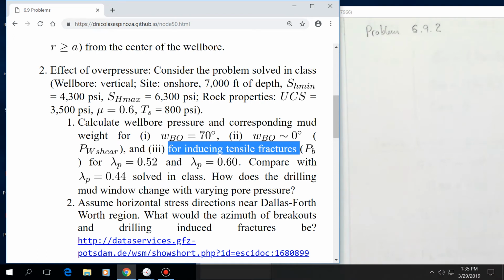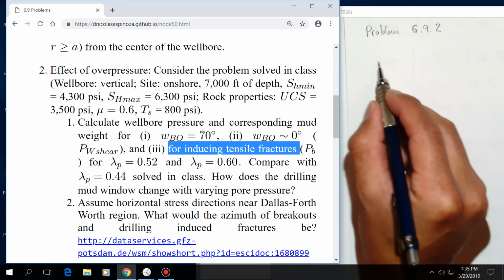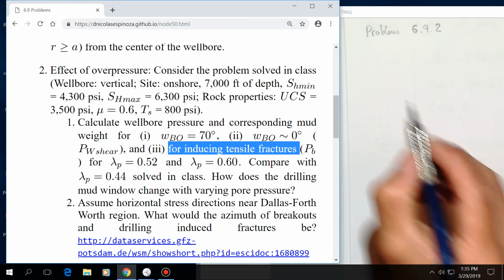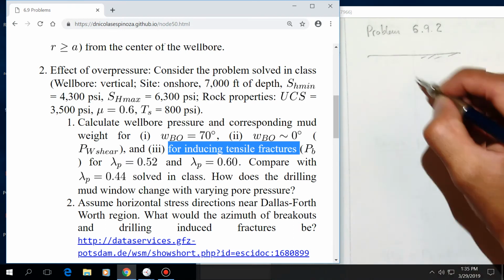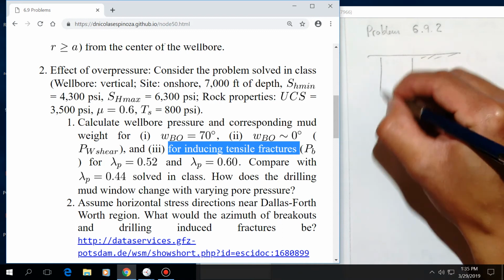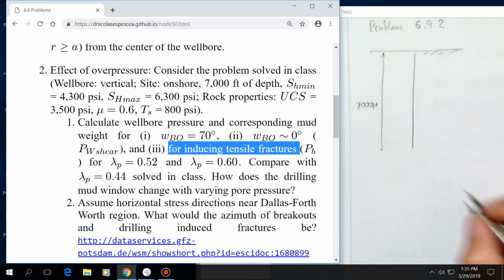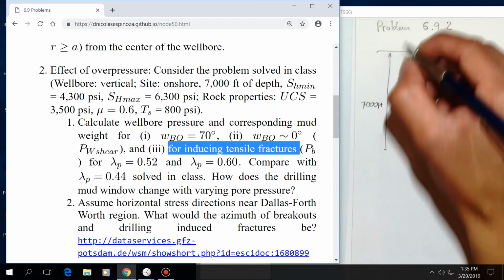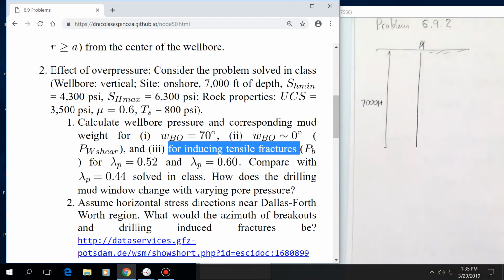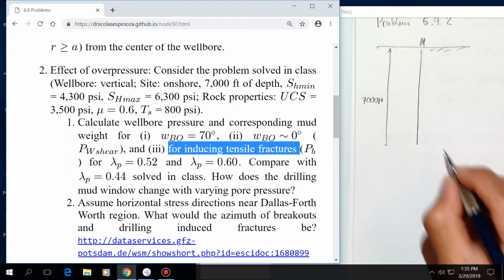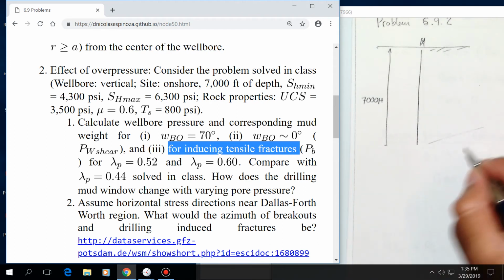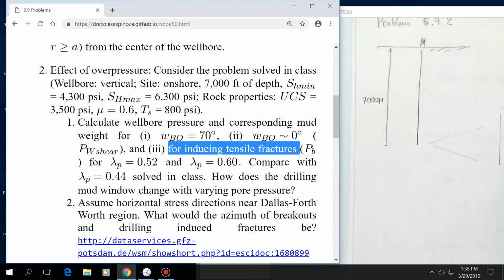All right, so let me see. This is a place onshore, right? 7,000 feet of depth, and this is a vertical wellbore, okay? And in this vertical wellbore you have stresses sigma h max.